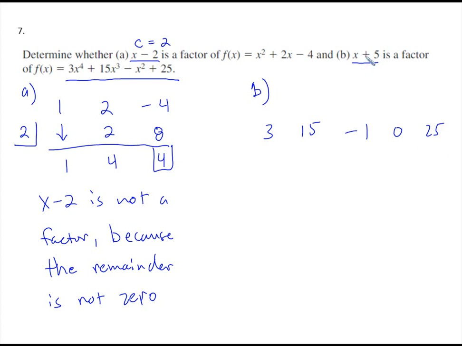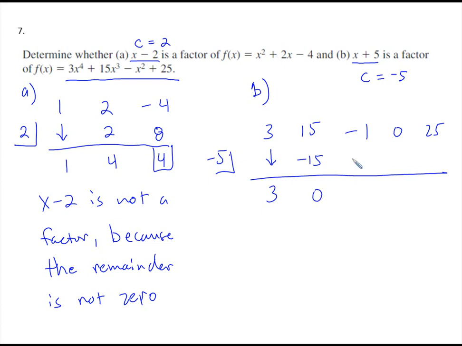Now I'm dividing by x plus 5, so that means my c is actually negative 5, the opposite. So I'm going to put negative 5 in here. Bring down the 3. I multiply, I get negative 15. I add 0.